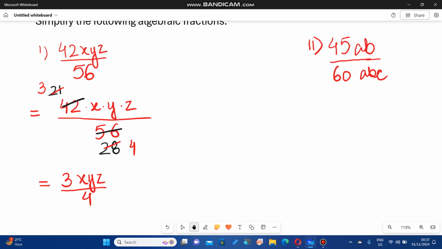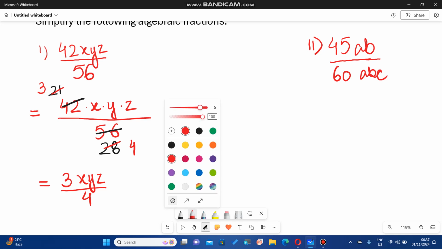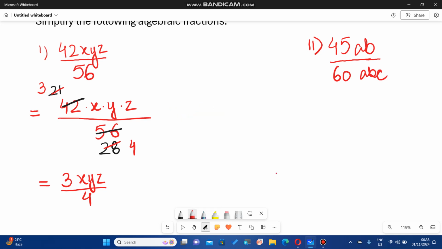Then we have our next question, 45ab divided by 60abc. You can write 45 times a times b divided by 60 times a times b times c. We can cancel out some variables here. As you can see, we have a in the numerator and denominator as well as b.